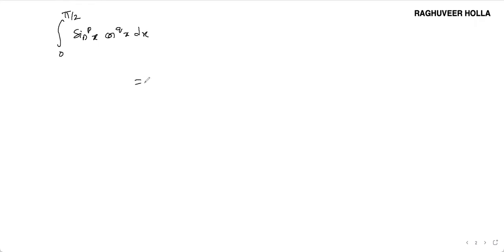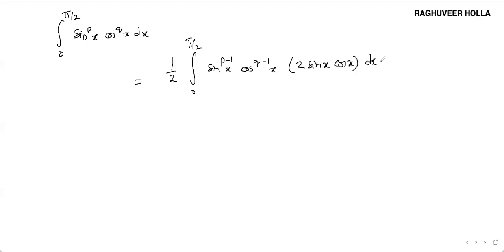So this can be written as 1 by 2 integral from 0 to pi by 2 of sine power p minus 1 x, cos power q minus 1 x, times 2 sin x cos x dx.